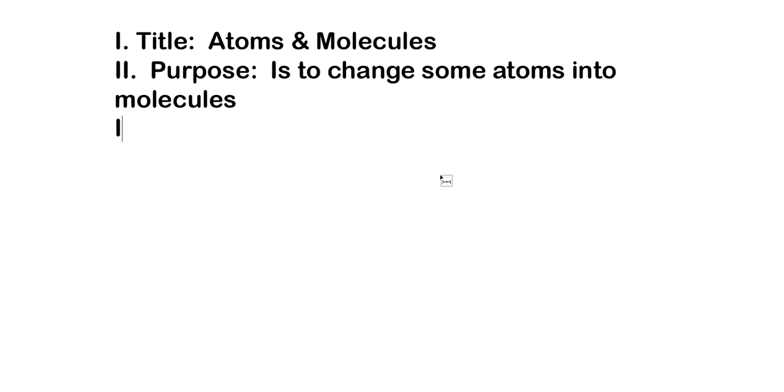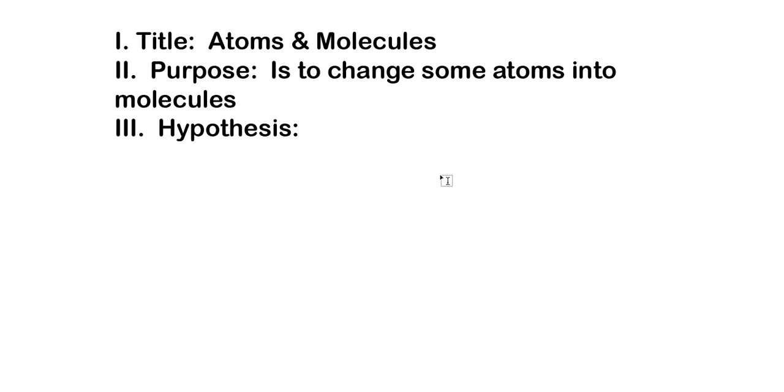Roman numeral number 3, hypothesis. A hypothesis is an educated guess. What do you think is going to happen in this lab? Most of the time I'll generate the hypothesis for you, but every once in a while I'll ask you to help or to do it.